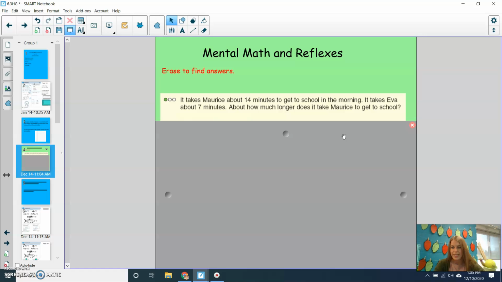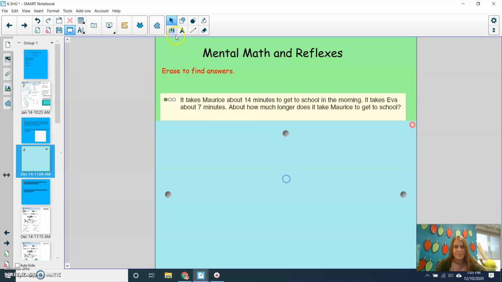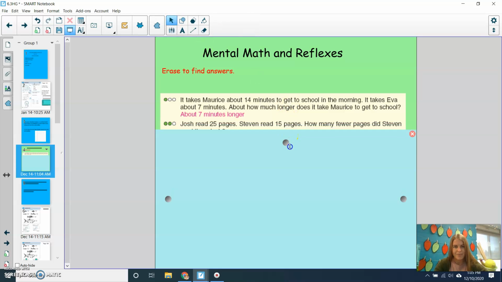If it's helpful to write down a number model and your answer, please do so. Press pause and play when you're ready to check. So I know that 14 minus 7 is 7, so that it is taking about 7 minutes longer.